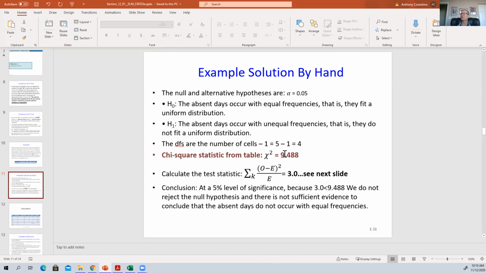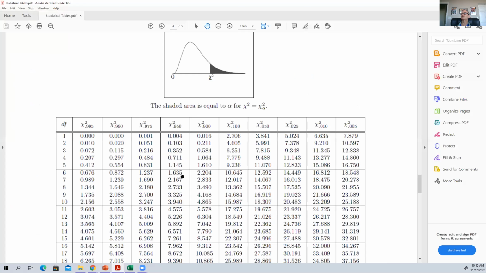If you look up in the chi-square table with degrees of freedom of 4 and 5%, which would be this column right here, you see that our chi-square critical value is 9.488. So now what we want to do is compare that with the test statistic that we're actually going to calculate.